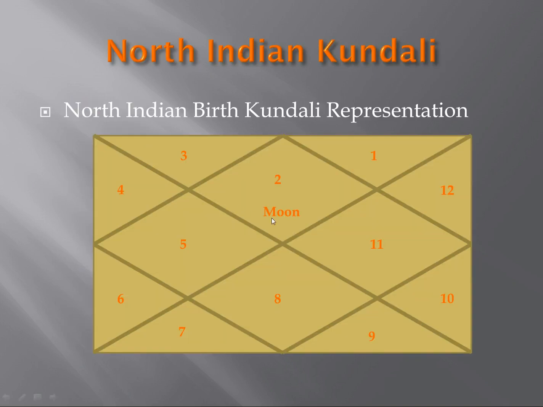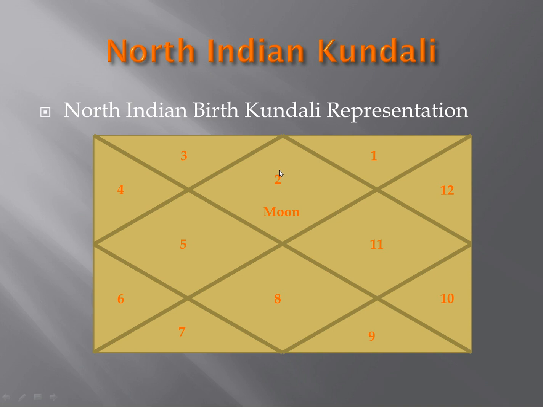So the moon in the North Indian Kundali is being placed at this location. Then the next one is Gemini, fourth one is Cancer, fifth one is Leo, and this sixth one is Virgo, and so on, and this would be the Aries.